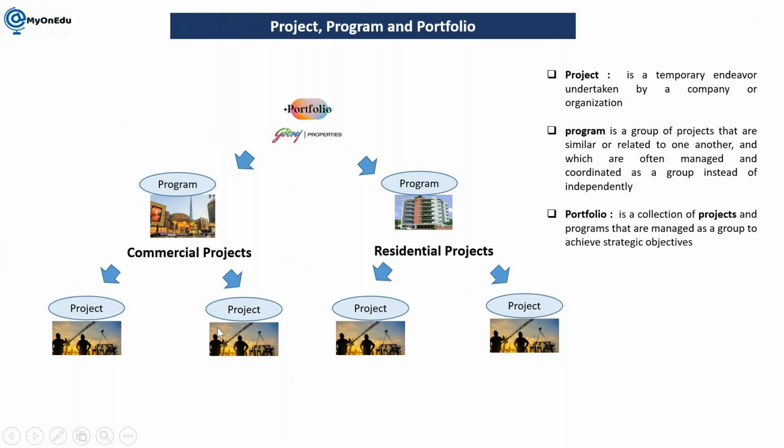So similar projects we are keeping in a program also, let's say commercial projects and residential projects, but all are real estate projects only. And then further we have projects. So similar projects we keep together and call it a program, and similar programs and projects we keep in one place and call it a portfolio. Clear?